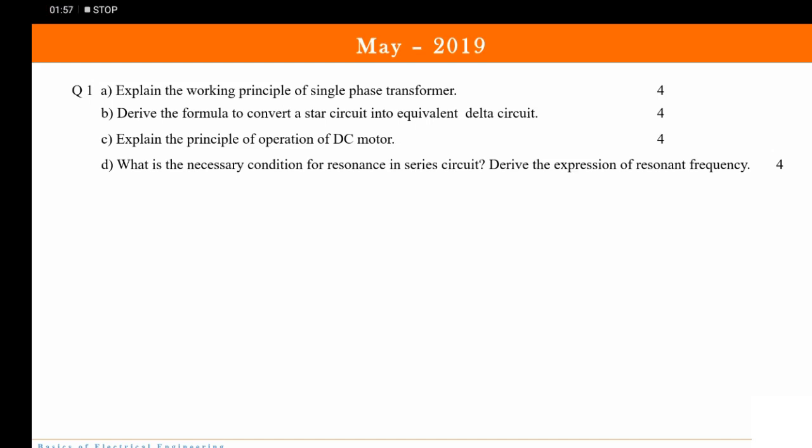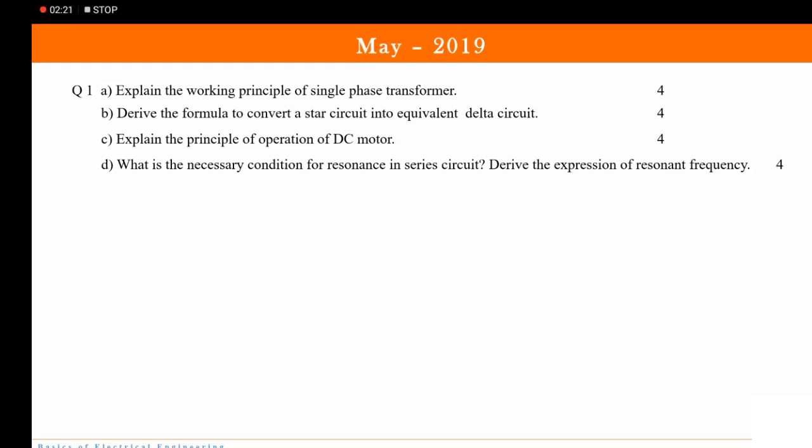Now the fourth part, which is D part, says: what is the necessary condition for resonance in series circuit and derive the expression for resonant frequency. Again, this is a part of unit 2, which is AC circuit, and in AC circuit the subsection was series resonance circuit.